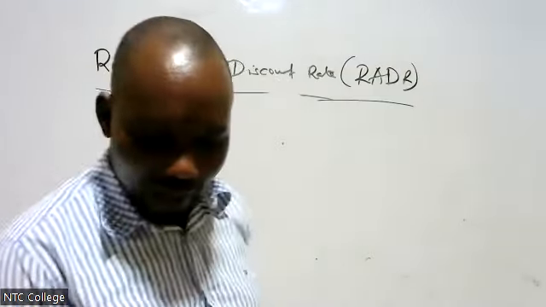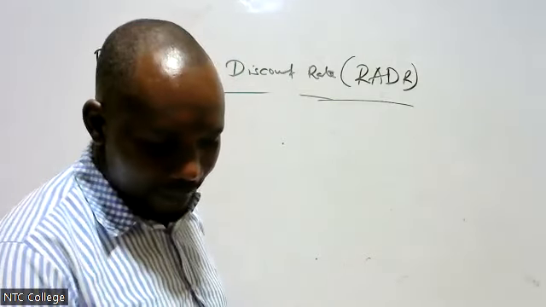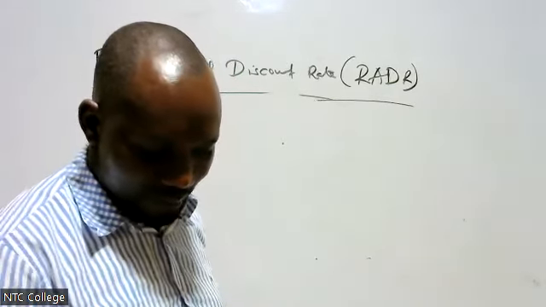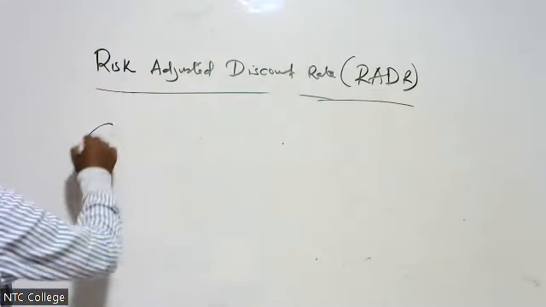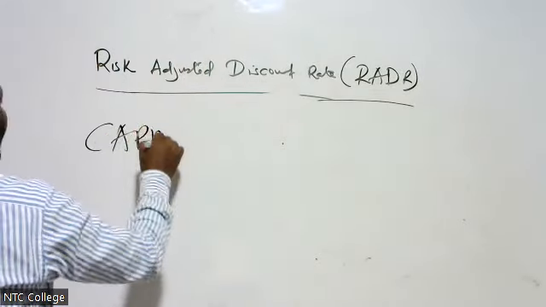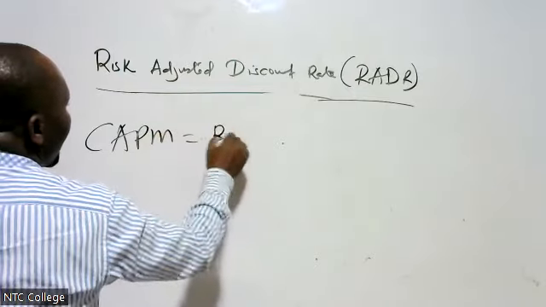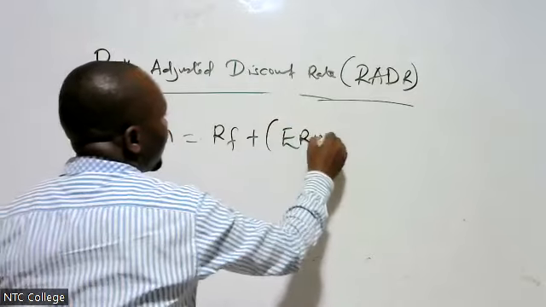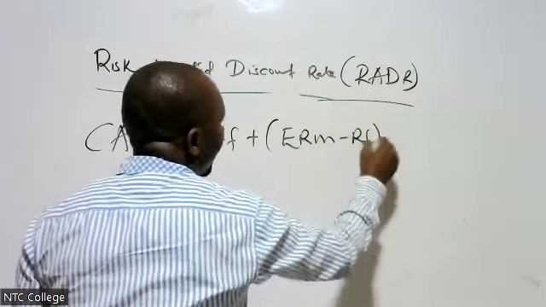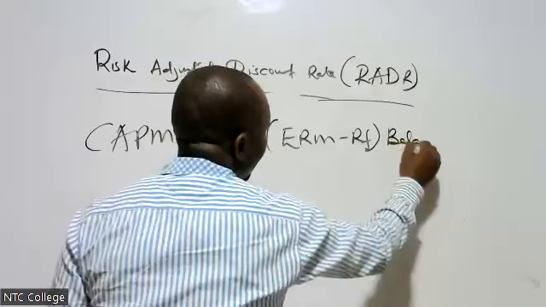We say that CAPM is the same as RAD. And the formula for CAPM is RF plus the bracket (ERM minus RF) times the beta factor.